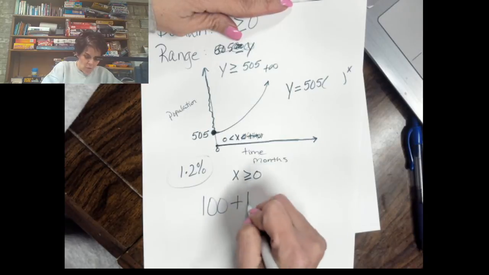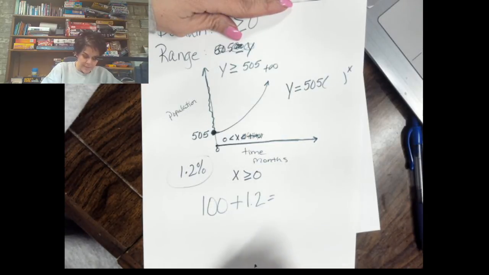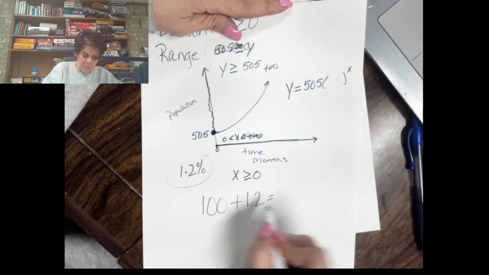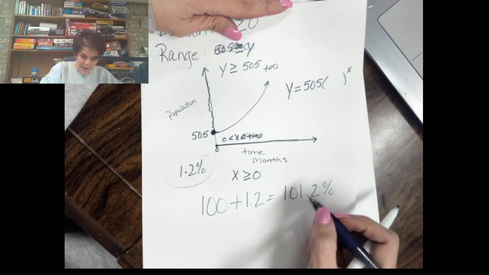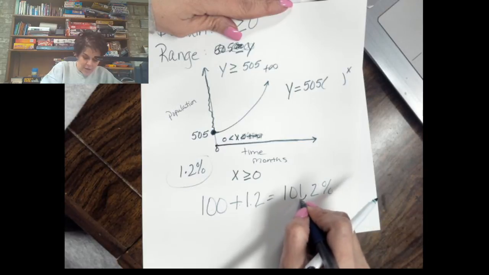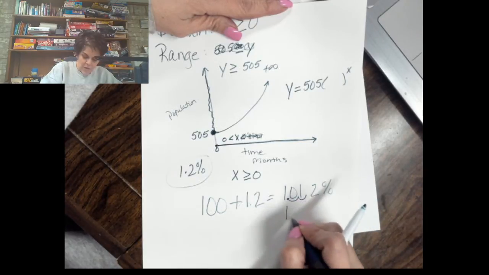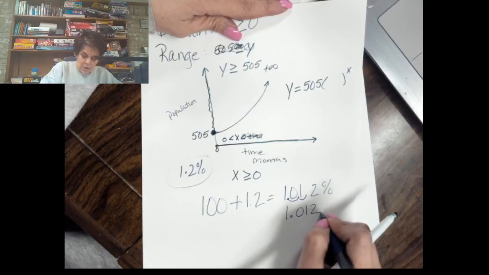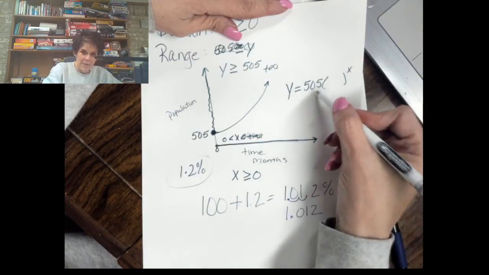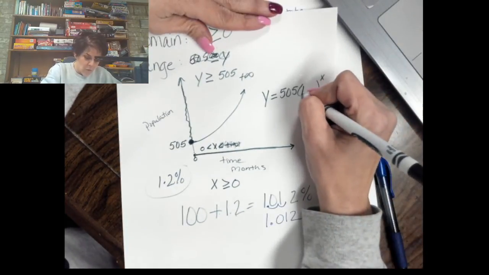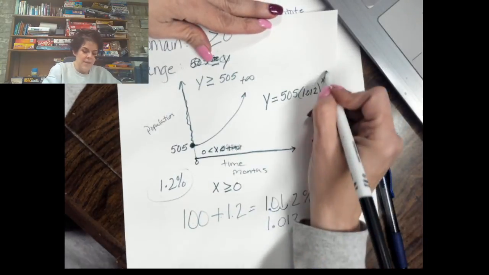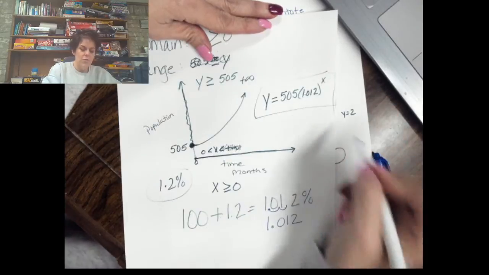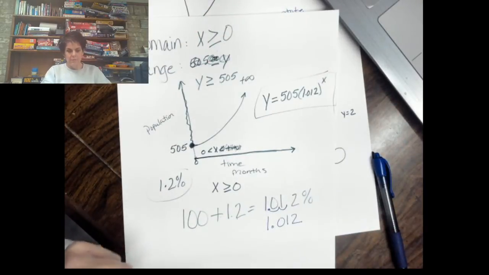It's growing at 1.2%, so 100 plus 1.2, that's 101.2%. But you can't put that in the equation, so I have to move the decimal over 2. So that's 1.012. So up here in my equation, I'm going to put 1.012. And that would be the equation of my moose growing in the park.